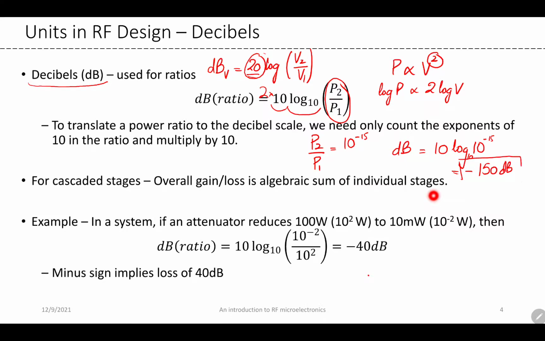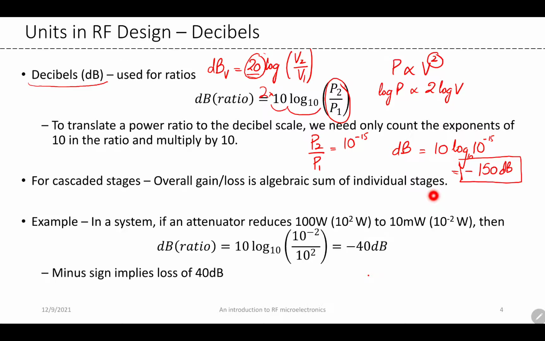So now this number is easier to work with, right? It is much better than 10 to the power minus 15. So minus 150 is a usable number, and we can talk about minus 150 dBs, although it represents a very huge ratio, it's still something we can work with.